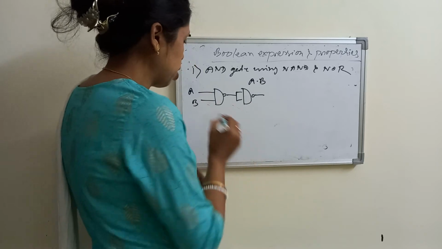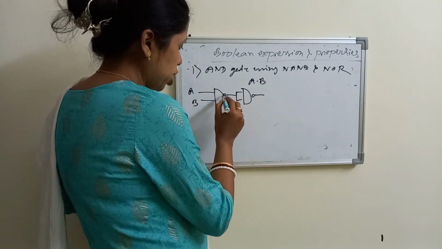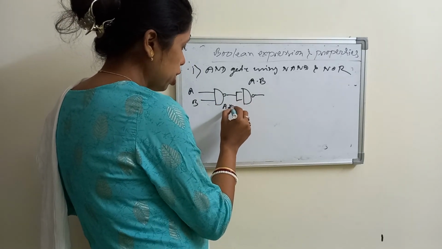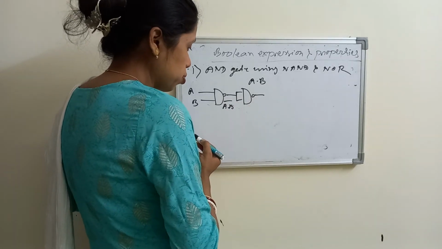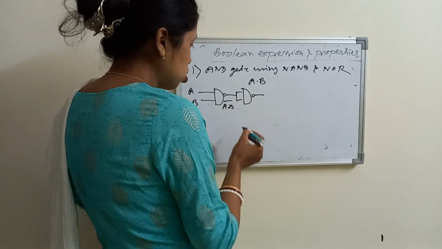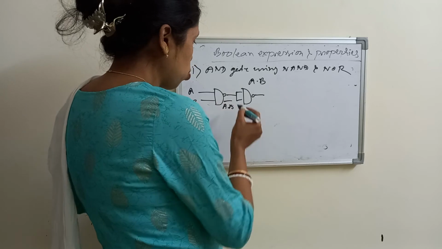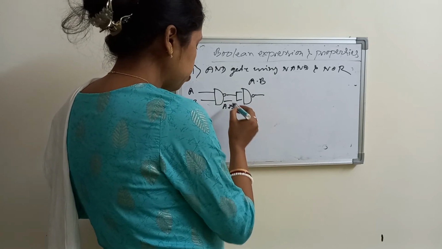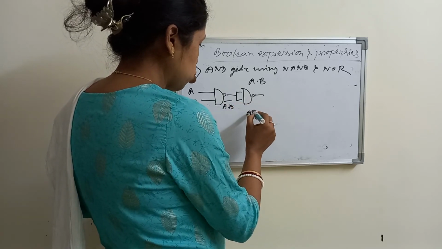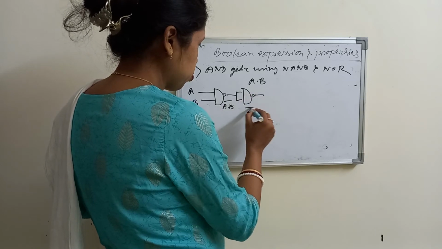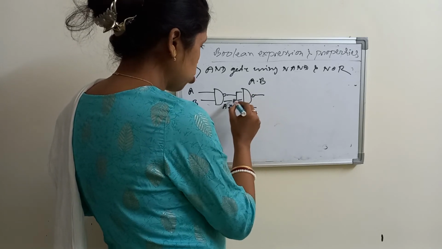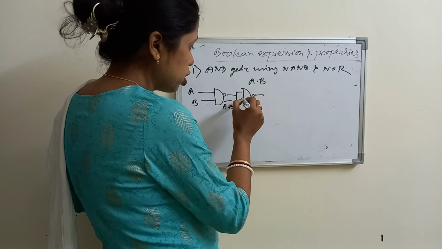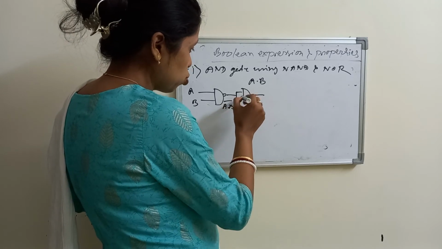I am just checking. So this is the NOT gate, and this is the NAND gate. Here I will get (A dot B) complement. Now think, what will you get here? Again, this is entering as an input, so A dot B. This is the input for this NAND gate, but here two inputs are there.